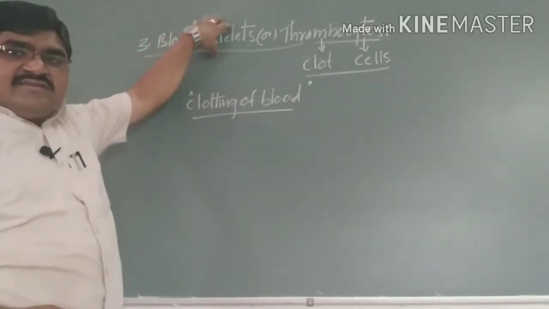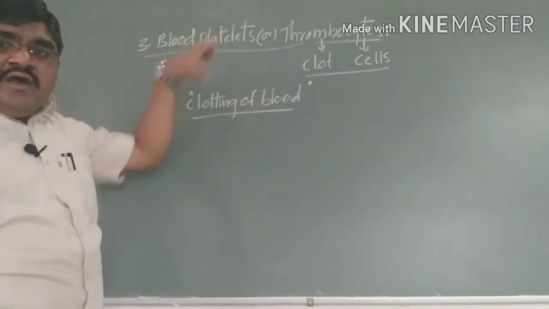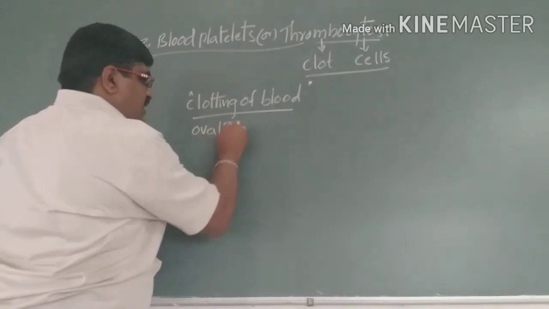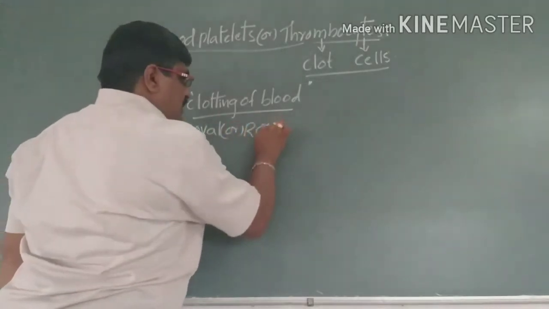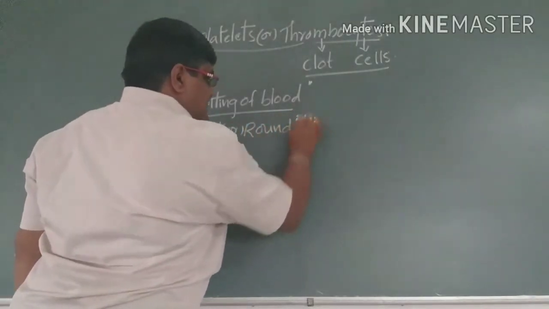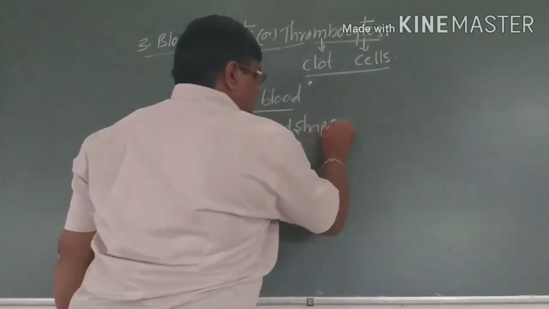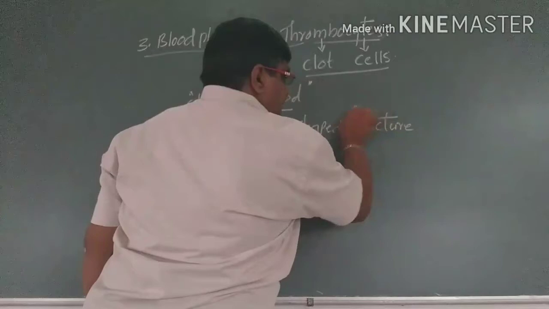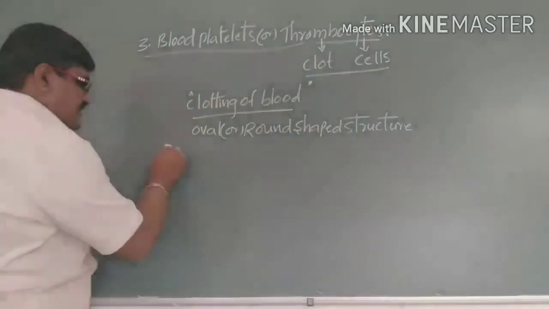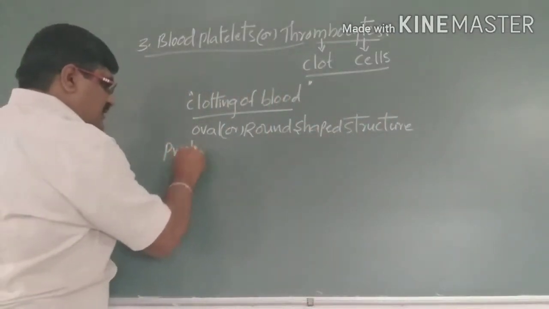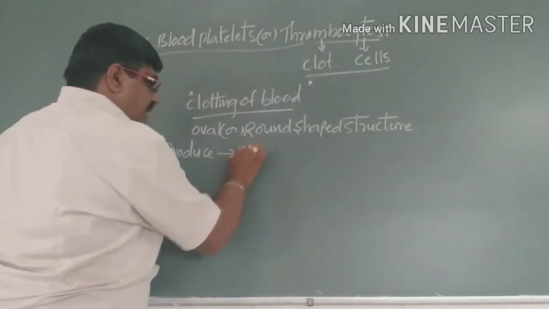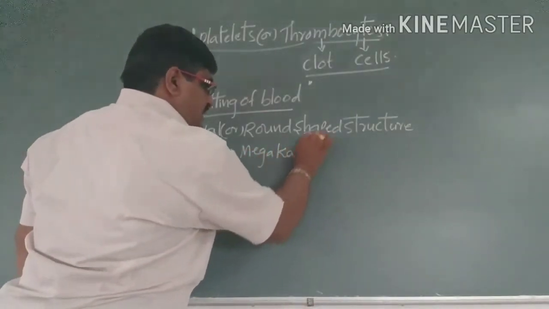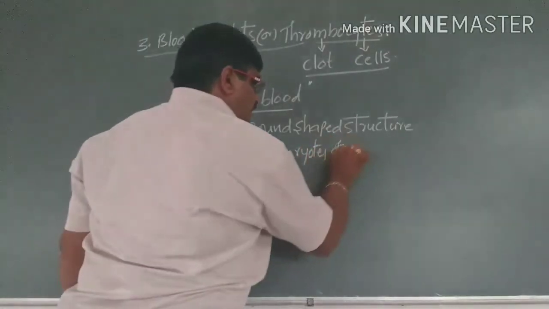These blood platelets are oval or round shaped in structure, and they are produced from the megakaryocytes of the blood.